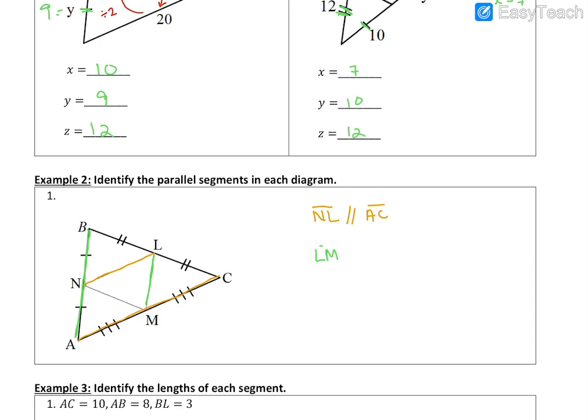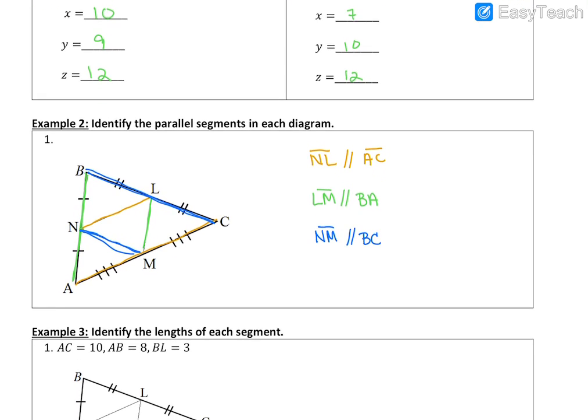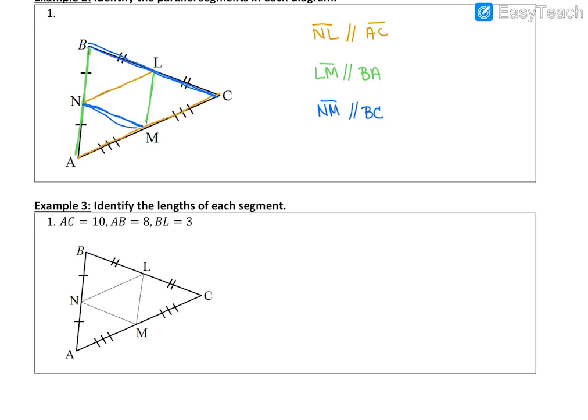So segment LM is parallel to segment BA. And a third color, this last mid-segment here, will be parallel to this side here. So the mid-segment NM is going to be parallel to BC. And there we've identified all 3 mid-segments and which segment in the triangle they are parallel to.